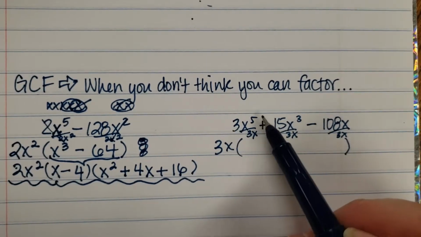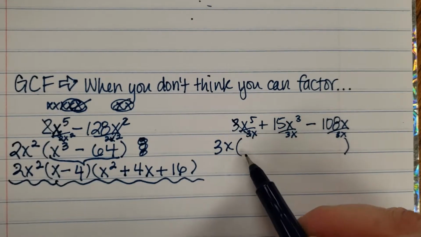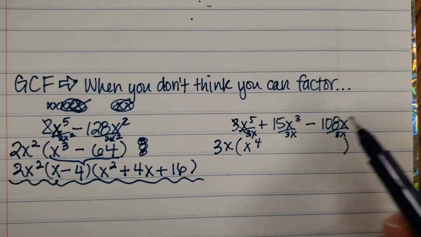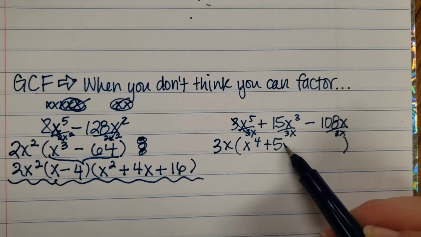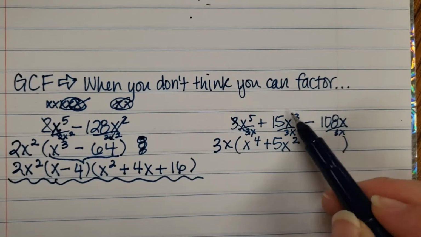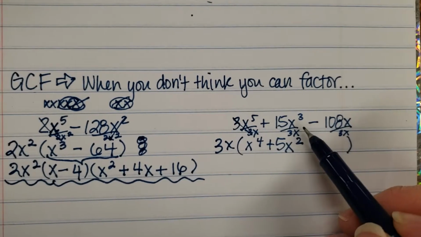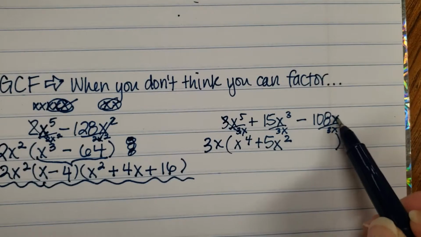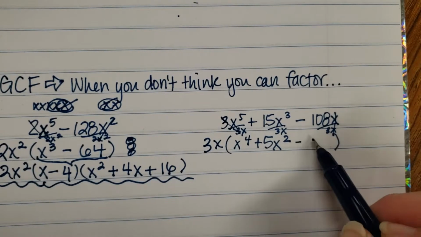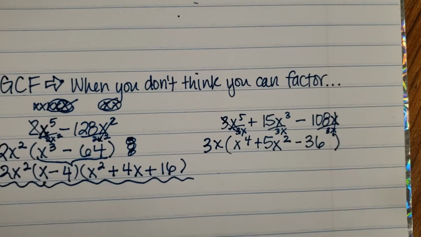let's see if what we get left over will factor with one of our patterns. So 3x to the fifth divided by 3x is going to be x to the fourth. 15x cubed divided by 3x is 5x squared. Remember, when you're dividing your exponent terms like this, you subtract. And then negative 108x divided by 3x, the x's cancel out, and it's just minus 36.